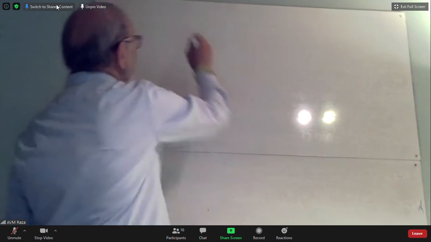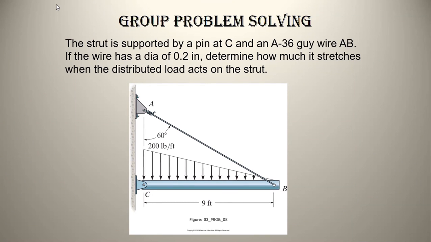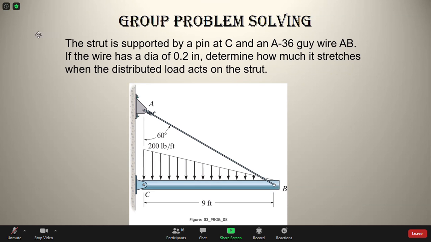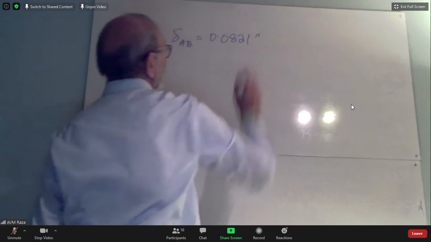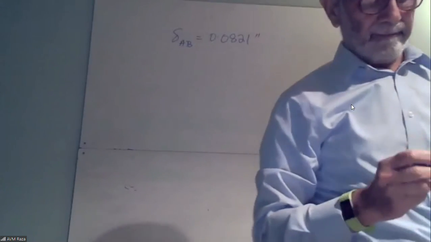The change in length in AB, delta AB, came out to 0.0821 inches. That's the answer.